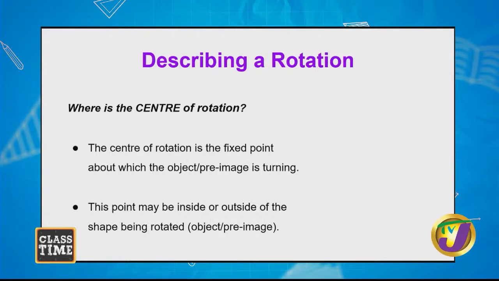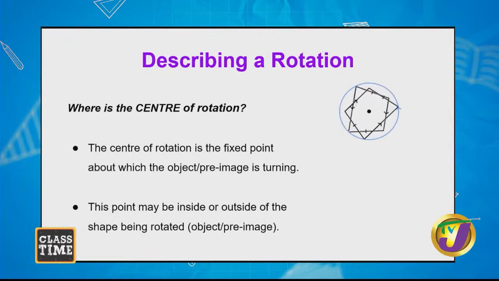So the center of rotation can be inside of the object or pre-image, as you can see here, and as the tiler would have used a center of rotation inside of the middle of the shape, right? Yeah, so this almost looks, though it's not square, as we would have seen with the tiles, but we can see the same idea in this trapezium that is being rotated.